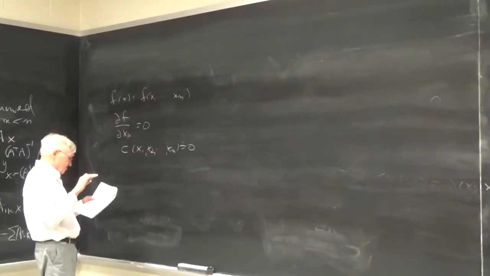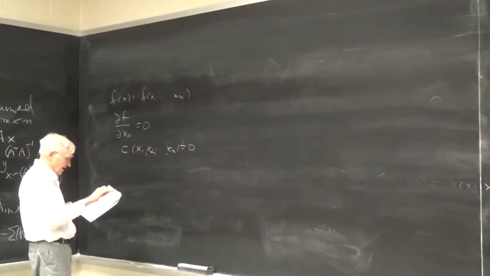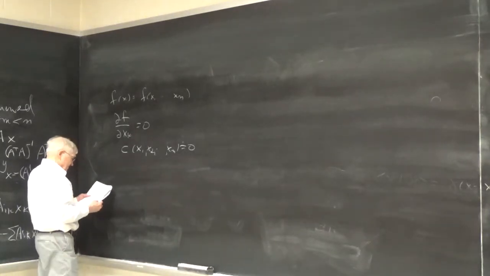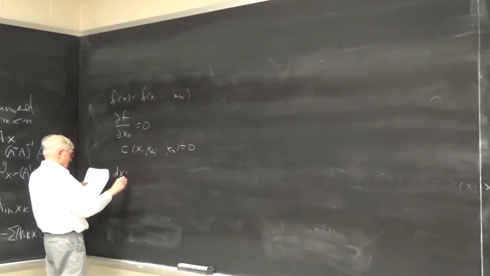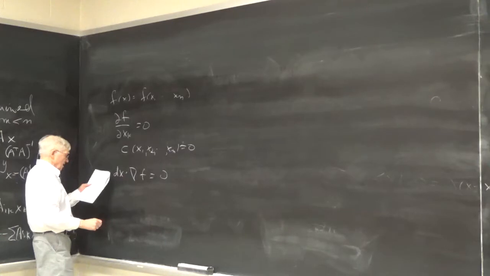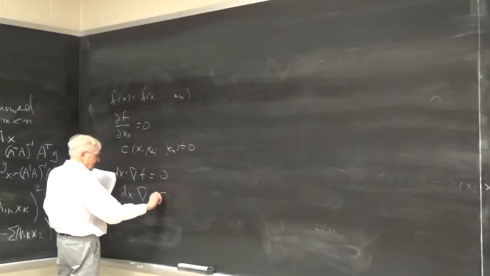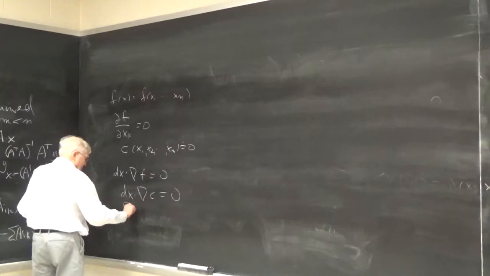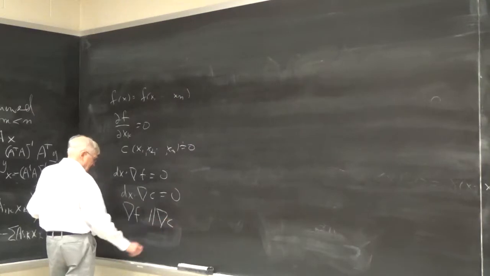And that means that the gradient of the function should be parallel to the gradient of the constraint. That is to say, we're looking for dx dot grad f equal to 0 for dx's that make dx dot grad c vanish. That is to say, we're looking for places where the gradient of f is parallel to the gradient of c.